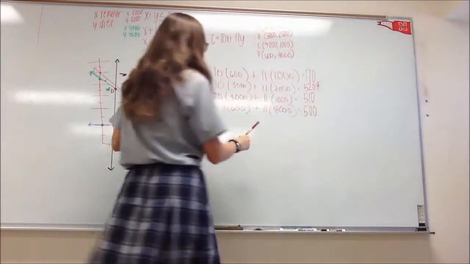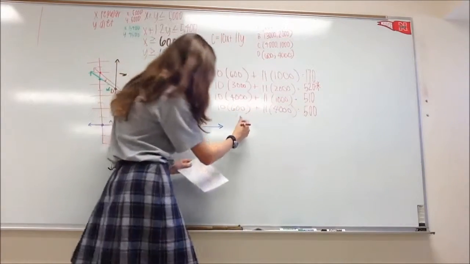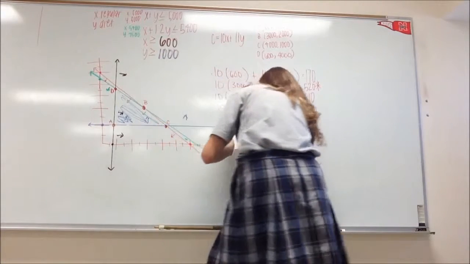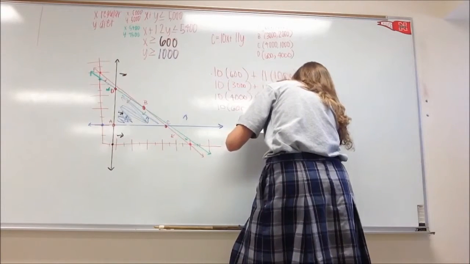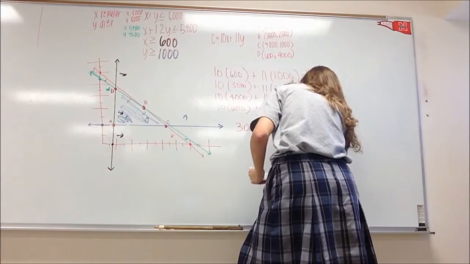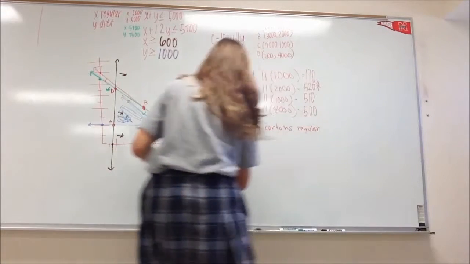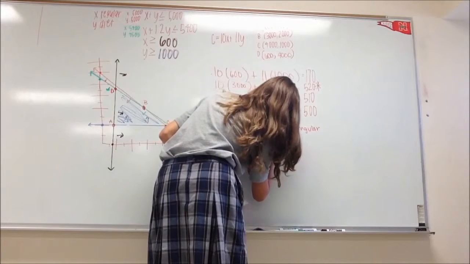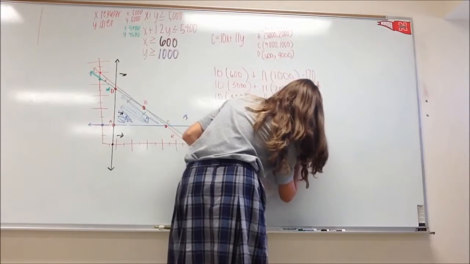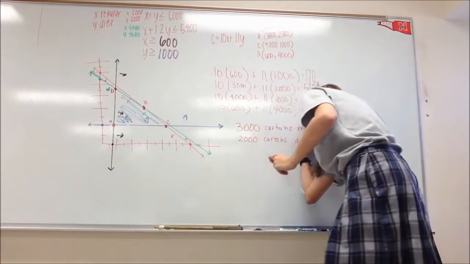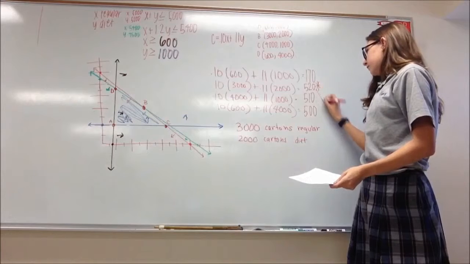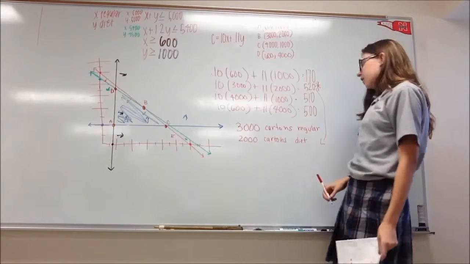So the biggest point would be 3,000 cartons of regular and 2,000 cartons of diet, which gives us our answer of $520.